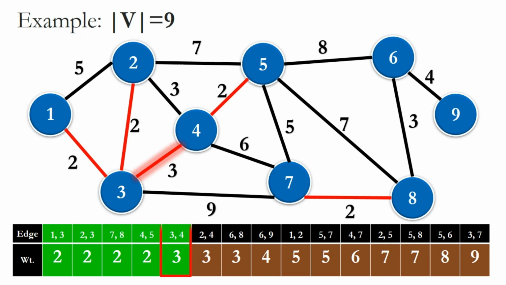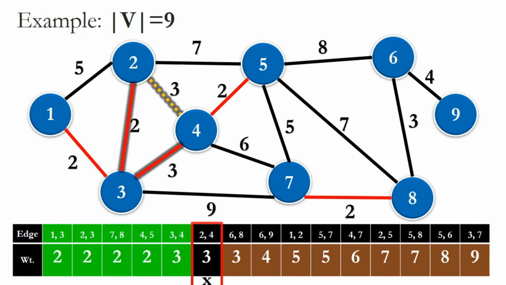If we're going to include this vertex 3 and 4 in our spanning tree, magtatanong naman tayo dito na, does it form a cycle or not? So since obviously naman na hindi pa nag-form ng cycle, therefore, the vertex 3 and 4 is included to our spanning tree.